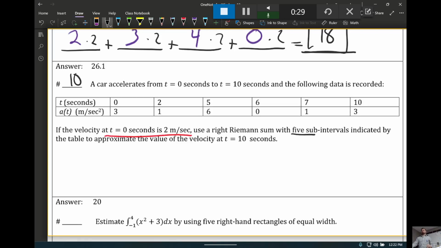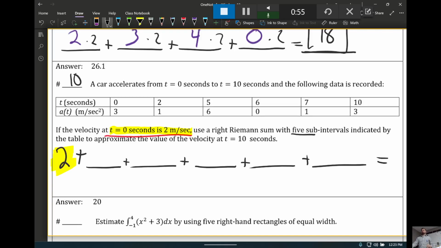Okay, so 5 subintervals. So 1, 2, 3, 4, 5. This just kind of helps me remember what I need to get. I'm going to go ahead and finish this whole question, but I suspect that maybe while you're asking this one is because you didn't use this information. At the start, it starts at a value of 2.